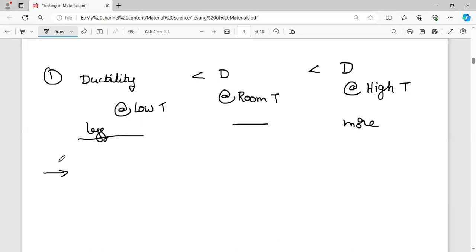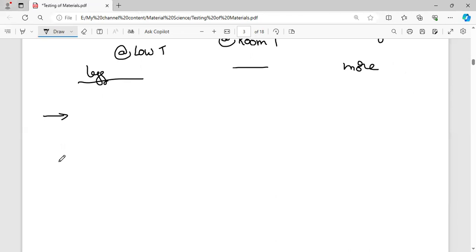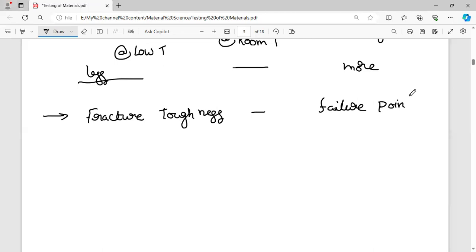Okay. So next we have the stress strain diagram. From the stress strain diagram, we can measure fracture toughness. Fracture toughness can be measured by the area under the stress strain curve up to the failure point. Okay, area under the stress strain curve up to the failure point.